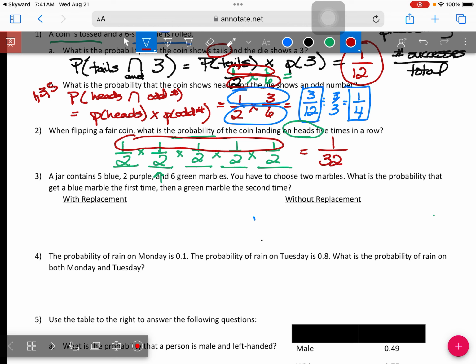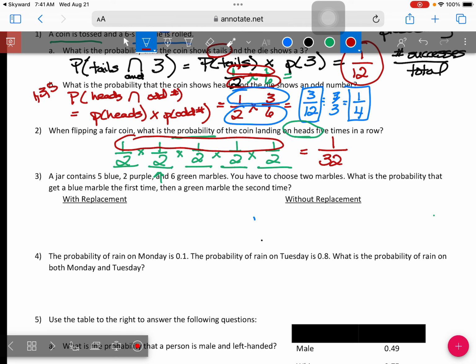All right? How many times am I drawing from that jar? 2. So I'm going to put 2 blanks here to help me out. All right, so the first one, I am looking for, let's probably get a blue. So how many successes do I have? I got to do a fraction here. What number goes in the top here? 5, because I have 5 blue marbles, right?